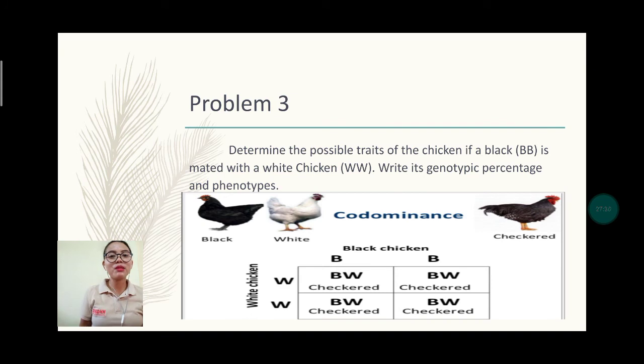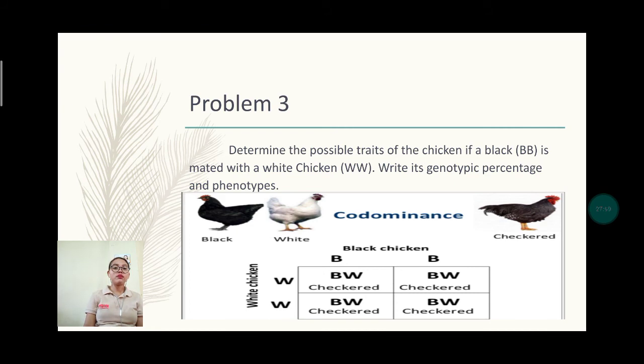Okay, problem number 3. Determine the possible traits of the chicken if a black chicken is mated with a white chicken. So write its genotypic percentage and phenotype. Same process using a Punnett square. A black chicken mated to a white chicken.